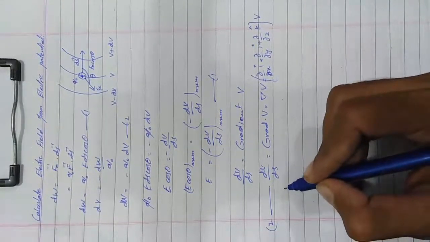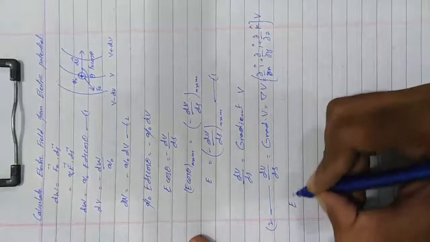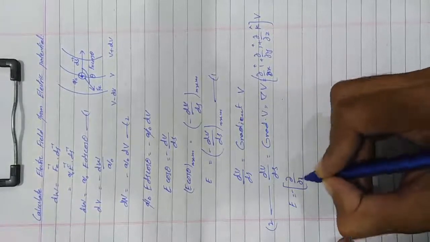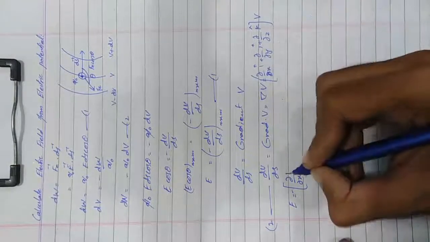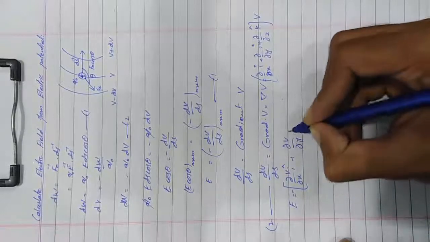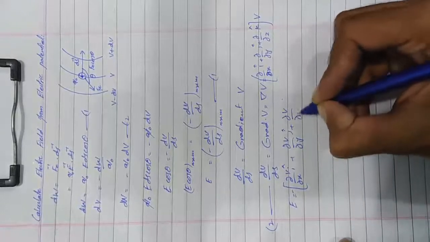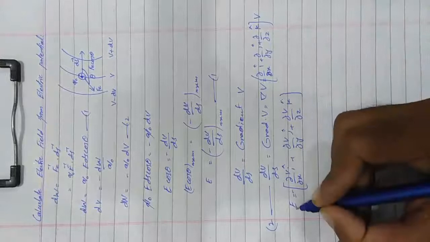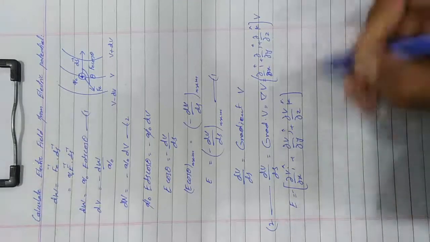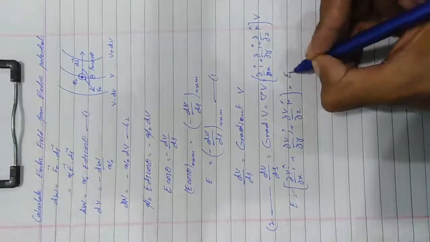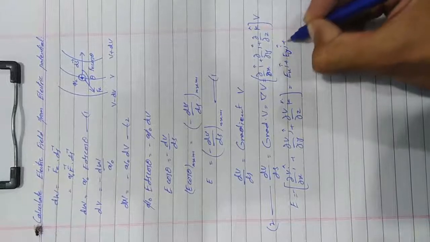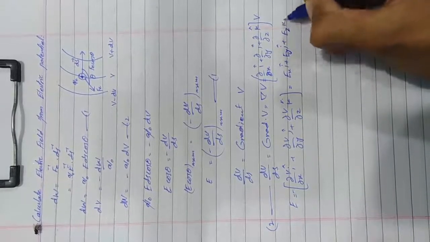By putting the value of equation 2 in equation 1, we have E equals minus partial V over partial x i plus partial V over partial y j plus partial V over partial z k. And we also know that E is a vector quantity, which means that it also has components, which can be given as Ex i plus Ey j plus Ez k.